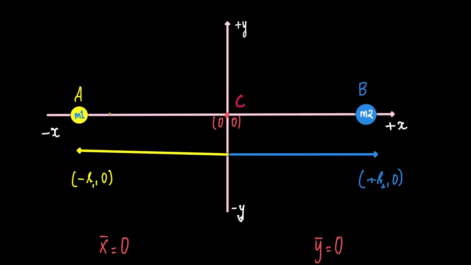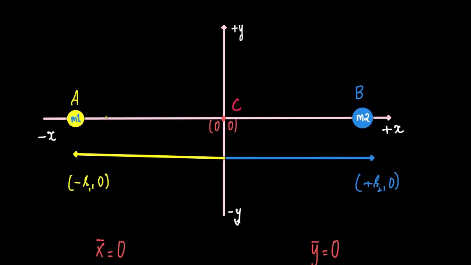If you were to understand the diagram with y-axis, x-axis, origin, and what is present at the origin, the center of mass C is present at the origin, having the coordinates x bar comma y bar, right? And what is A? A is the location of M1, which has the coordinate x1 comma y1. What is B?